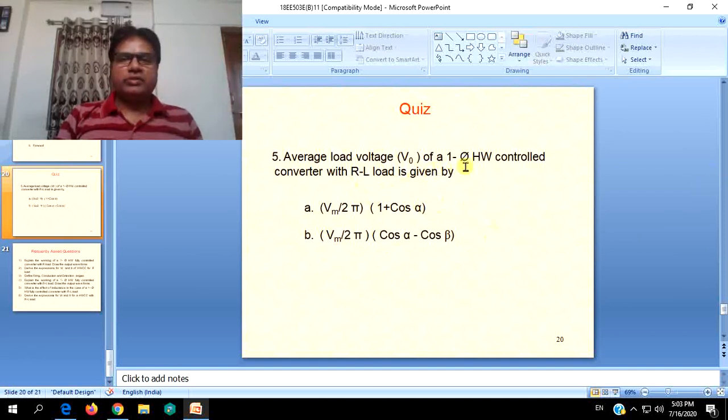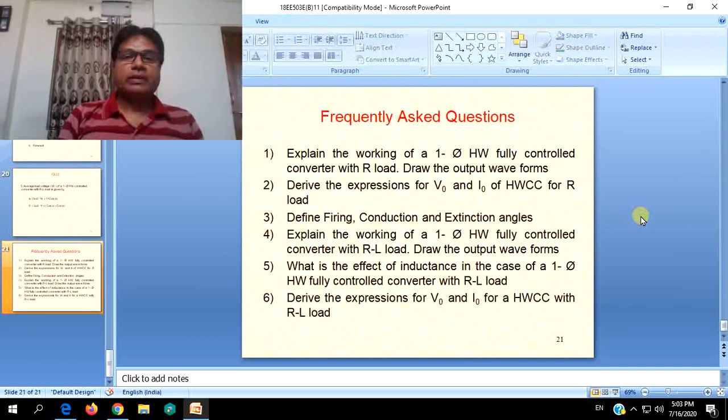Average load voltage of a single phase half wave controlled converter with RL load is given by, again recall from the expression, Vm by 2 pi into cos alpha minus cos beta. These are the important questions, or the type of questions which may be asked from different perspective angles on the working of both the circuits.